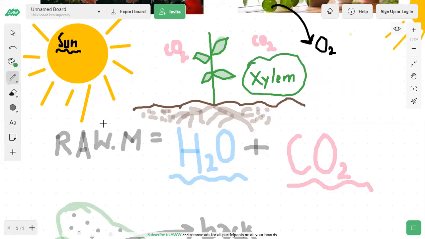And xylem is responsible for, you might have guessed it, taking the water up to the leaves. So it goes from down to up, and it takes the water against the force of gravity up to the leaves. And a thing to know about xylem is that the tube itself is made out of dead cells.